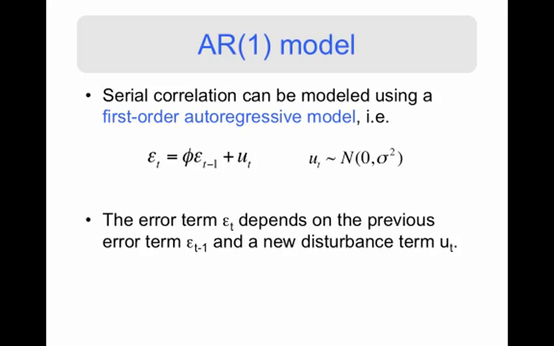In this way, the current error term depends a little bit on the past values and also a little bit on new disturbances. φ is a constant that takes values between -1 and 1, and if φ is close to 1, then the past values have a heavy impact on the current value, and adjacent values are highly correlated with each other.